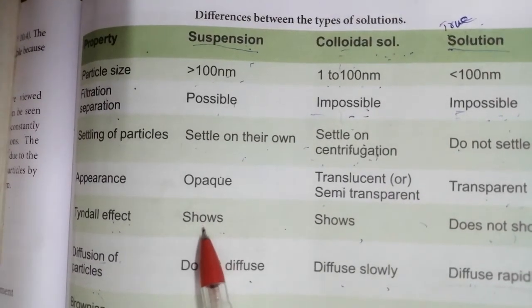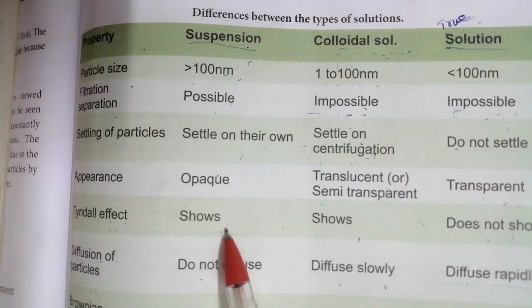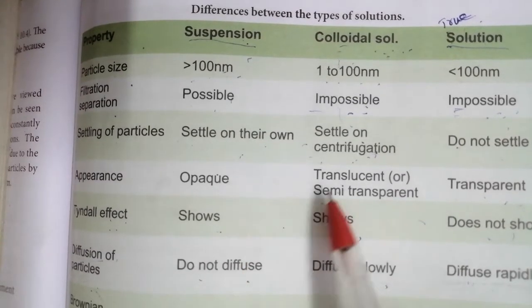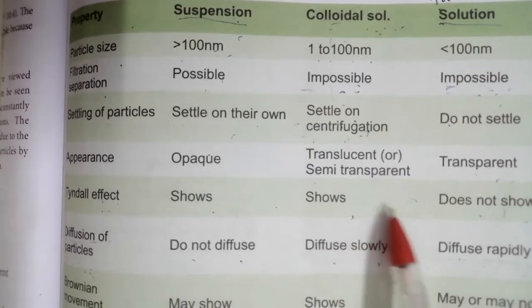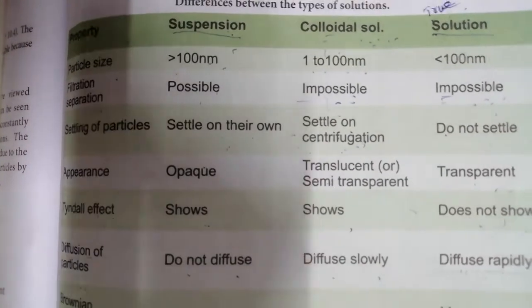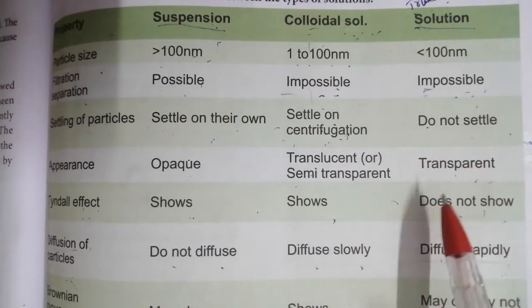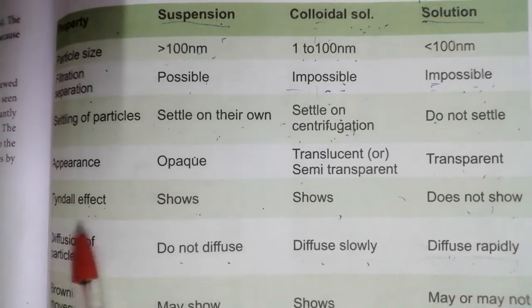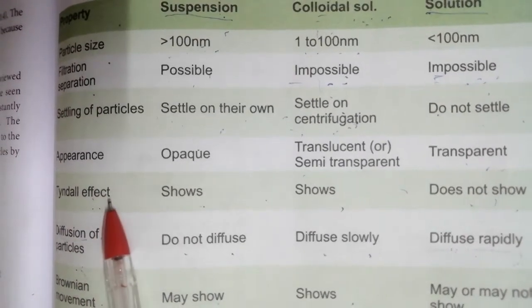Because the particles are there. When we focus light on this suspension solution, we can see the particles. And colloidal solution also shows it, right? Under true solution, it does not show, because the particles are completely dissolved. In the last class we discussed the Tyndall effect, right?